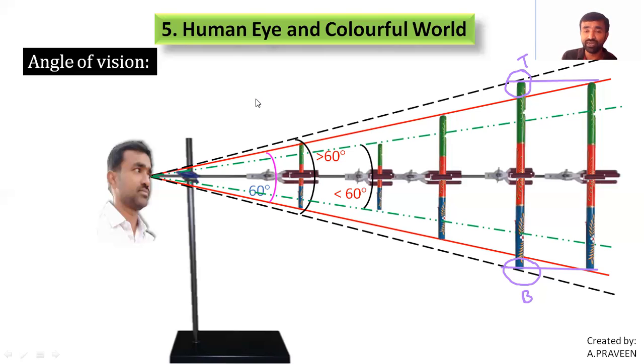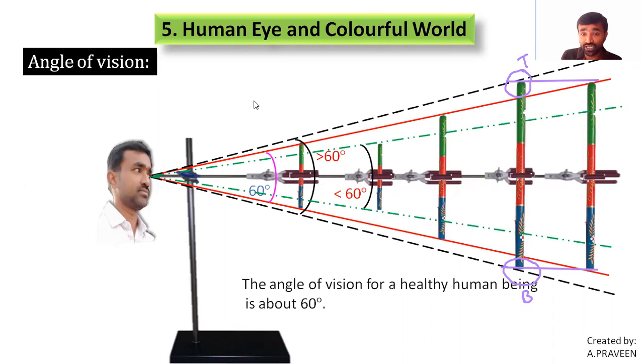Your whole object visibility is based on the angle, the highest angle is 60 degrees, and the lowest is below 60, whatever it may be. The maximum angle at which you are able to see the whole object, that 60 degrees angle, is called the angle of vision.